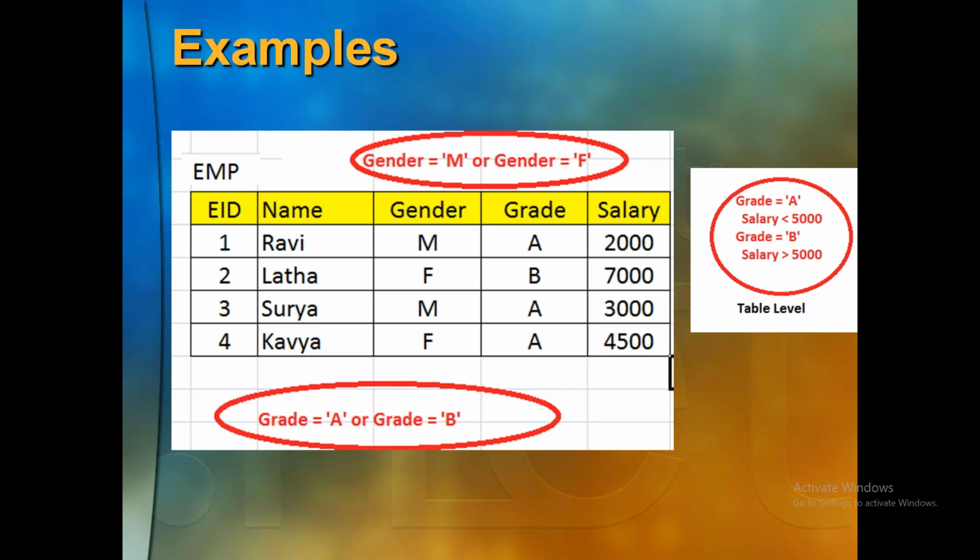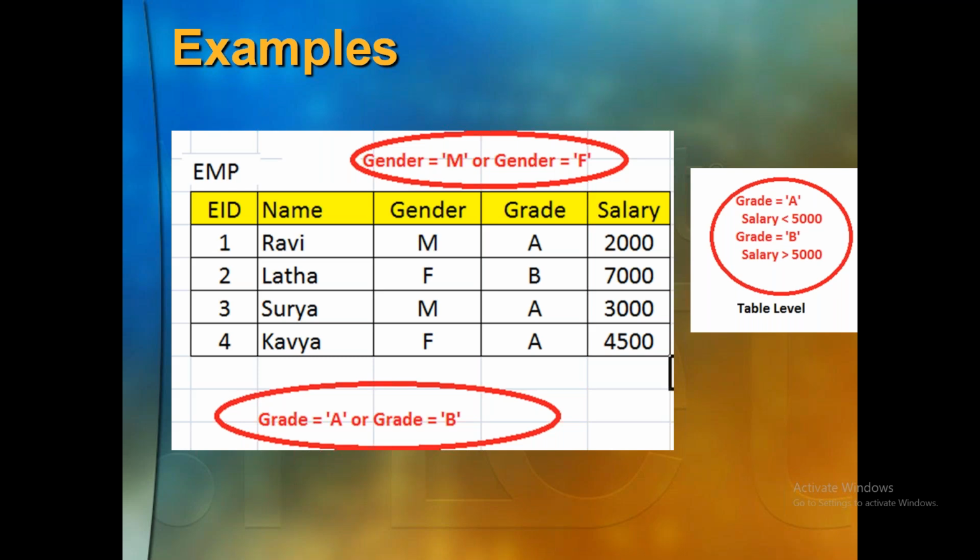But if you want to implement complex expressions, you must not use a check constraint; triggers need to be implemented. We'll discuss triggers later. For example, if you lose your laptop, you go to the police station and complain, right? But if a country is attacking another country, it is a complex situation.